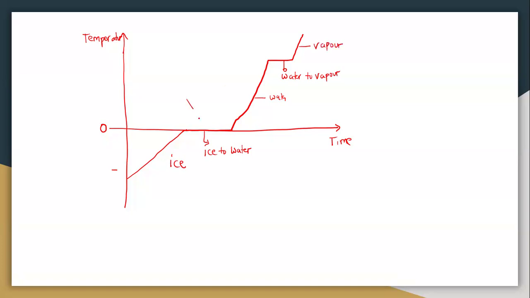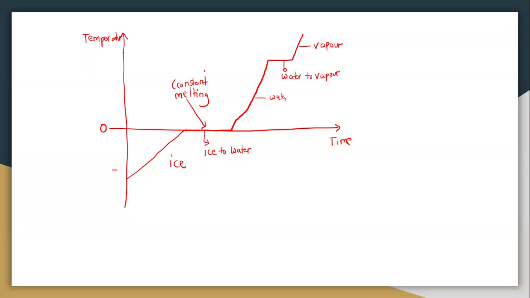So the process at this point is what we call melting. At that point where our ice is turning into water, we call it the melting state. And at the melting state, there is always constant temperature. Whenever something is melting, the temperature is constant.